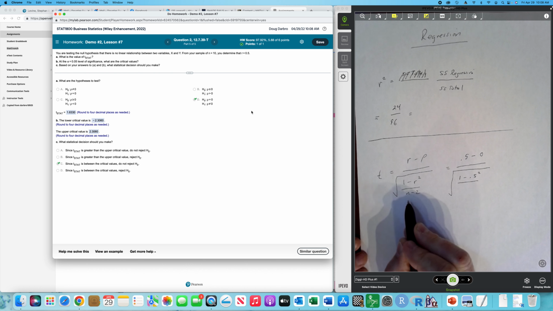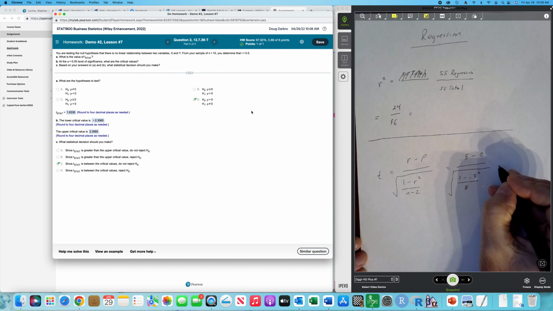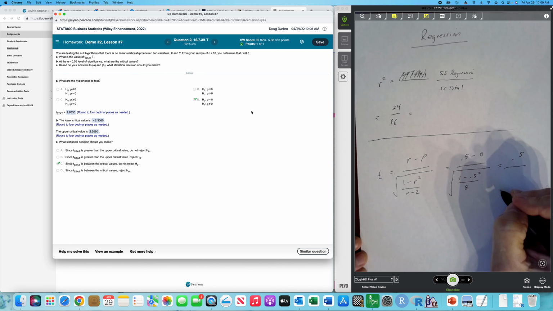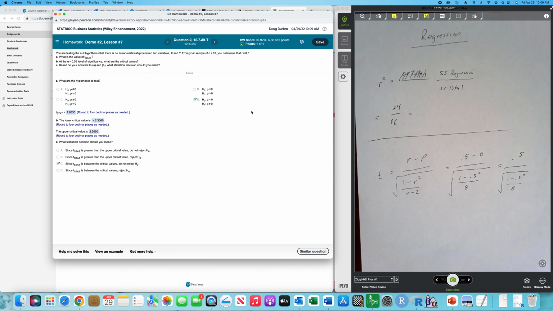And our sample size is n minus 2, so it's going to be 10 minus 2, so I'm just going to go ahead and put an 8 there. So what I have is 0.5 over the square root of 1 minus 0.5 squared over 8.